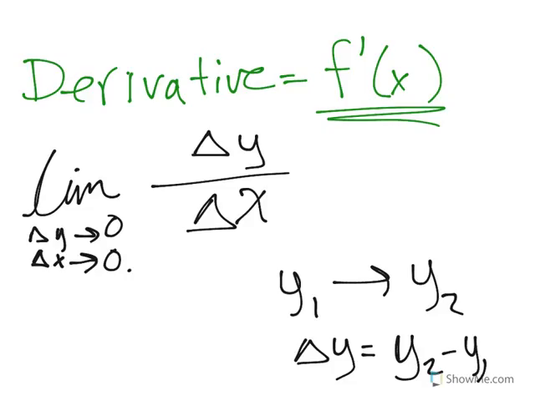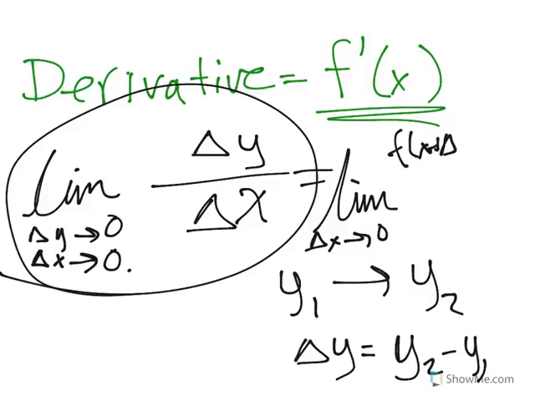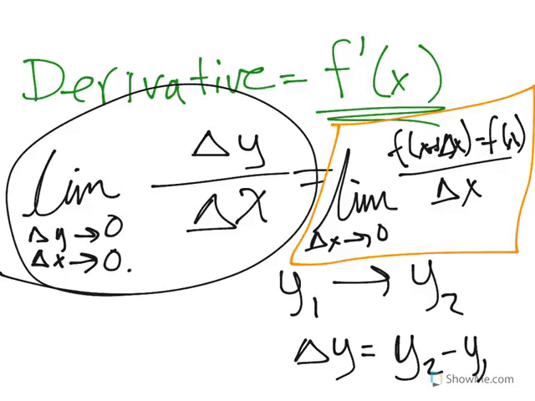So we rewrote this function as also the limit, but now it only depends on delta x, of f of x plus delta x minus f of x, over delta x. And this is the formal definition of what a derivative is, not in words, but in just variables.